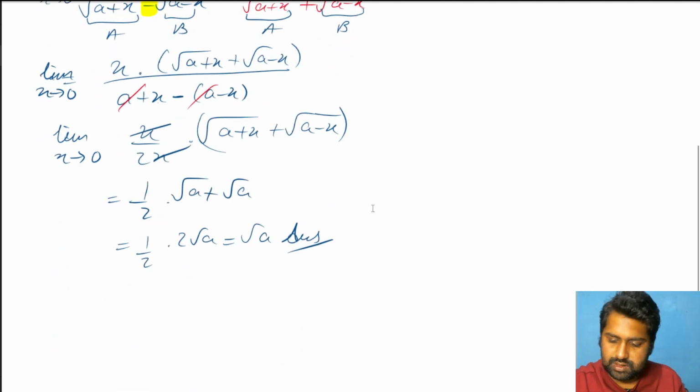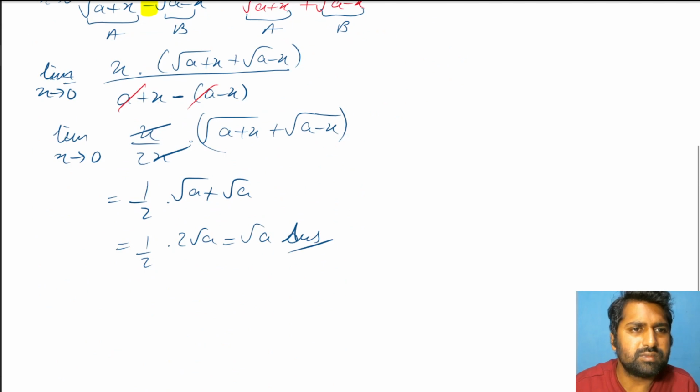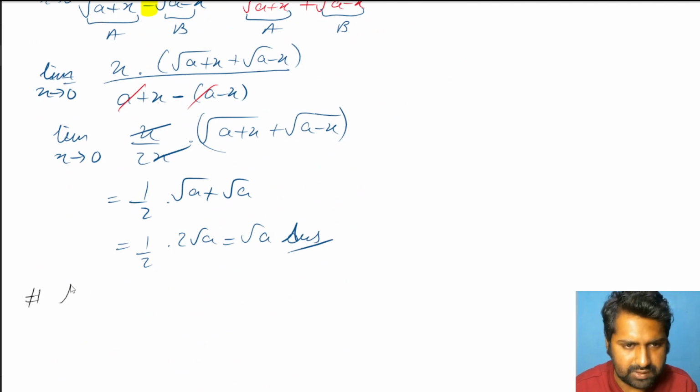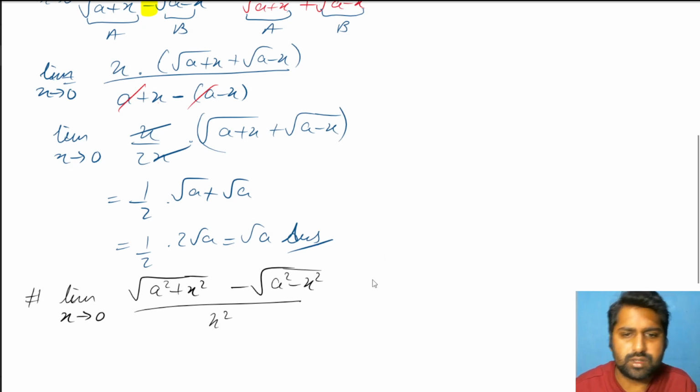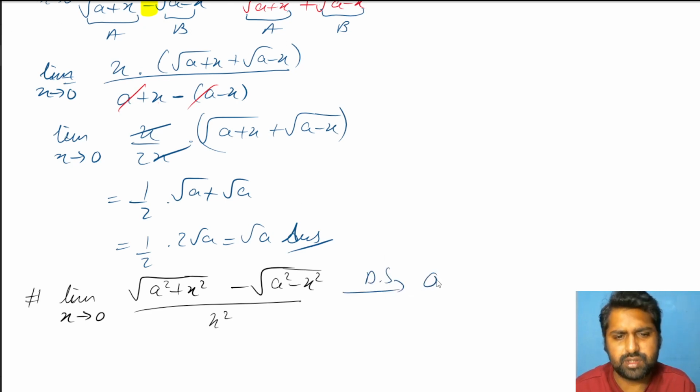All right, let's do the same idea one more time. Limit x tends to 0, square root of a square plus x square minus square root of a square minus x square upon, this time, x square. Again 0 by 0 by direct substitution.